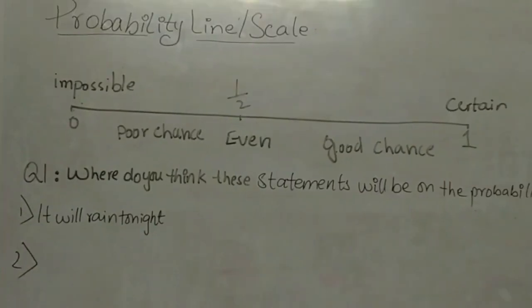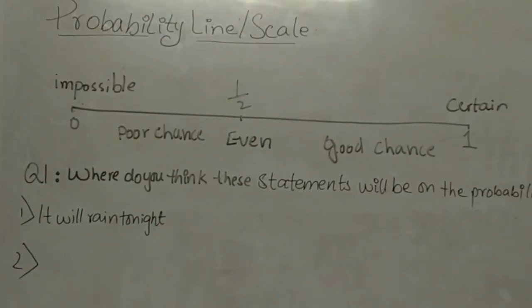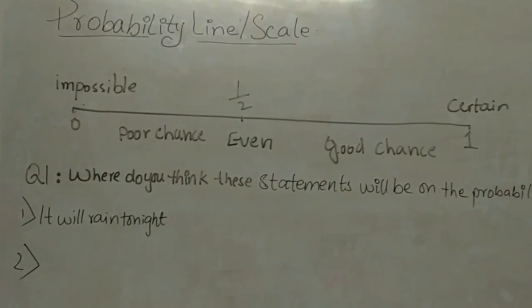Let's try to solve our question 1. Where do you think these statements will be on the probability scale? Scale or line, both are the same thing. So let's start with example 1. It will rain tonight. What do you think? How many chances are there? 100%, 0%, or 50%?